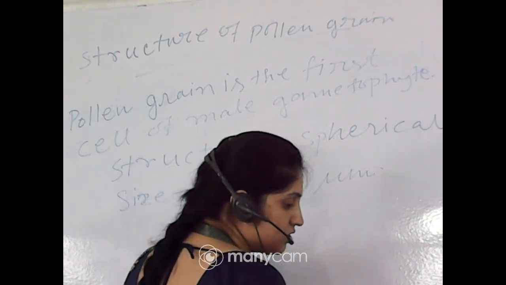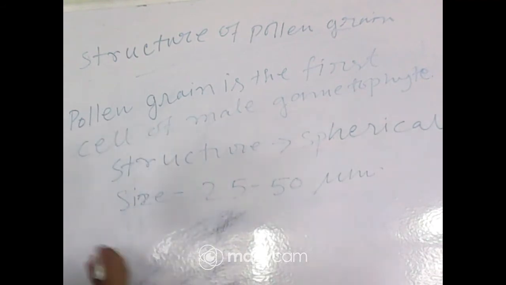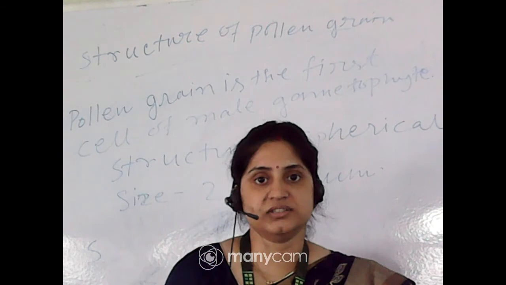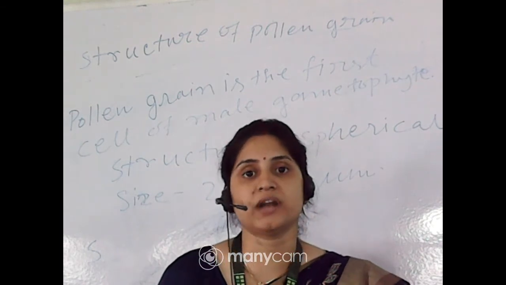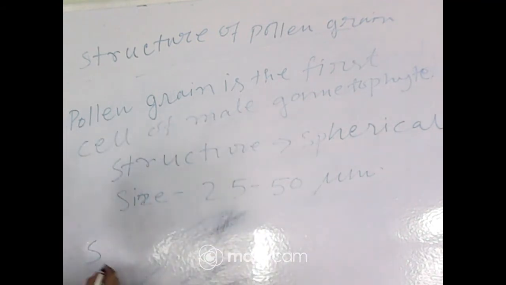And sporoderm, the wall or covering of the pollen grain. What is sporoderm? Derm means skin, like dermatologist. So sporoderm is the skin that covers the spore.